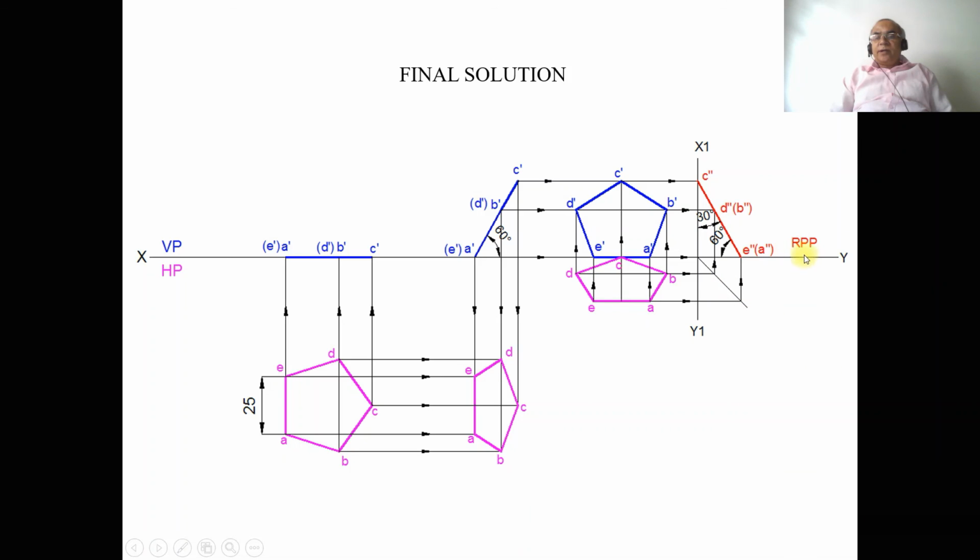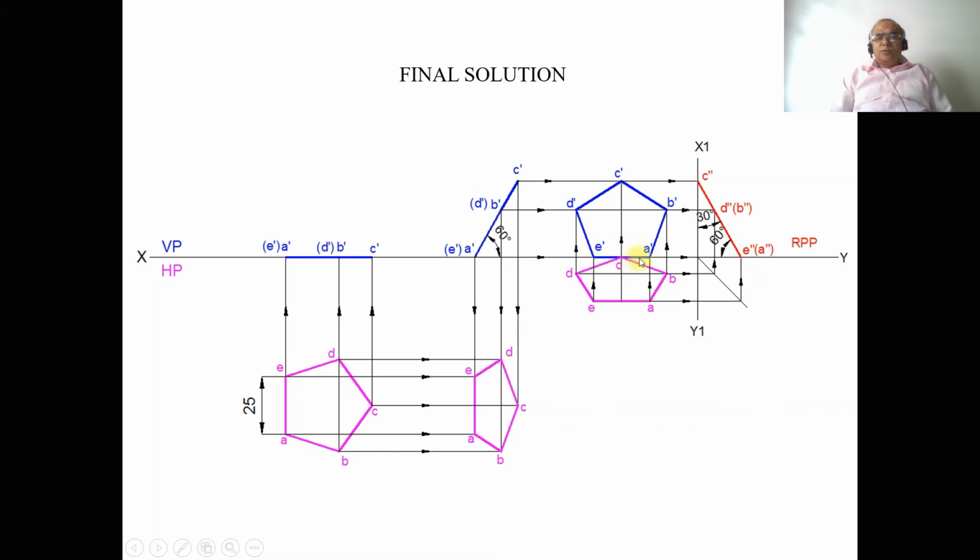Then you mark this side as RPP. Then draw a horizontal projector from C, and draw a horizontal projector from C dash, and then draw a vertical projector from this point towards the top side. Both these two lines are going to intersect at this point. So we got C double dash.